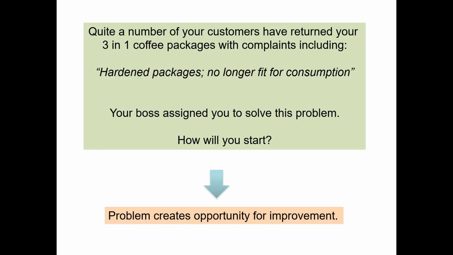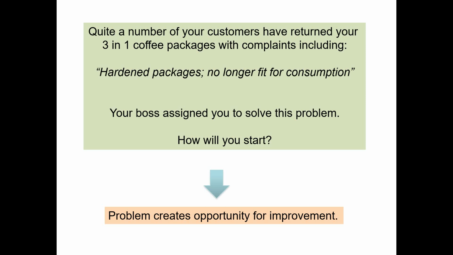Okay, this is an example of your 3-in-1 coffee. Maybe 100 kilograms of various batches of your 3-in-1 coffee packages were returned by customers, and they have several complaints, but most of the complaints are written as hardened packages.